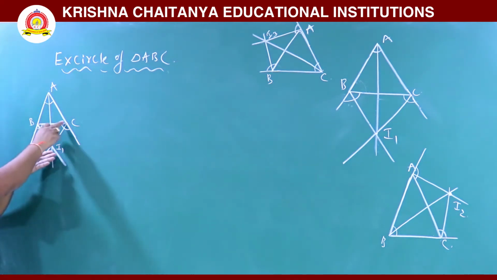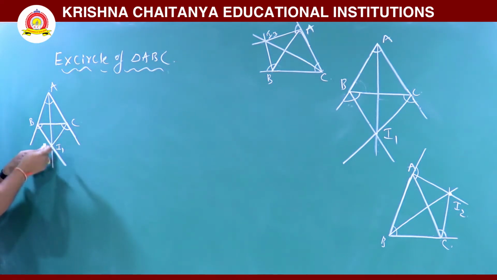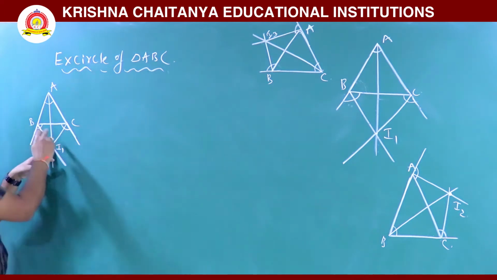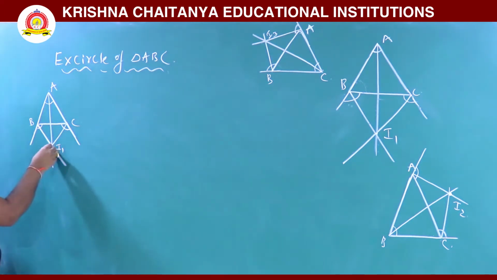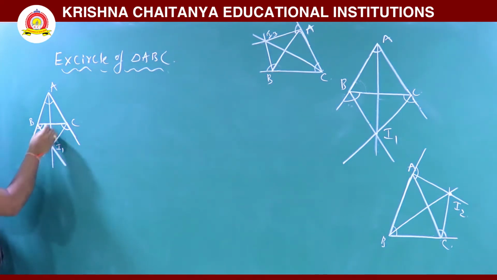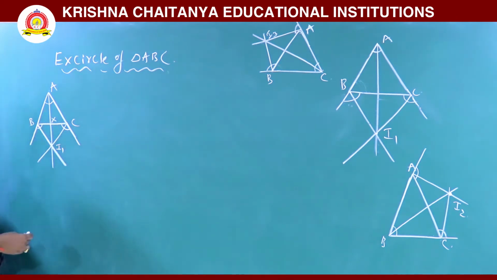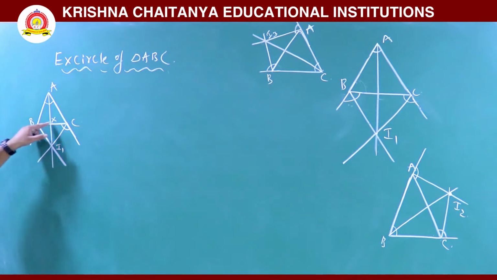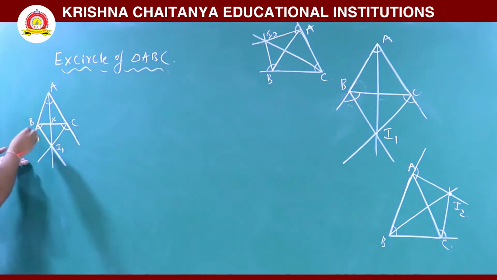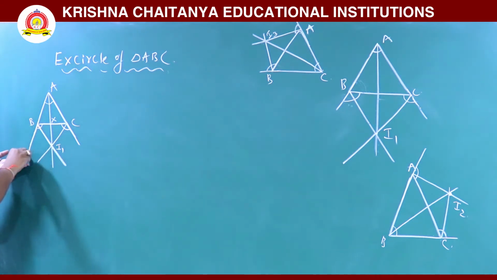This is one side. Suppose you have to draw a perpendicular line from I1 to this side. The foot of the perpendicular from I1 meets BC at some point X. This is X, I1X. In the same way, this is one more side of triangle ABC, extending AB up to here.